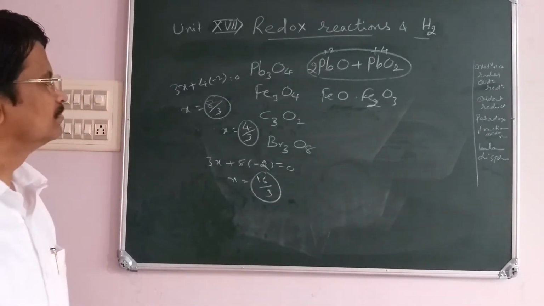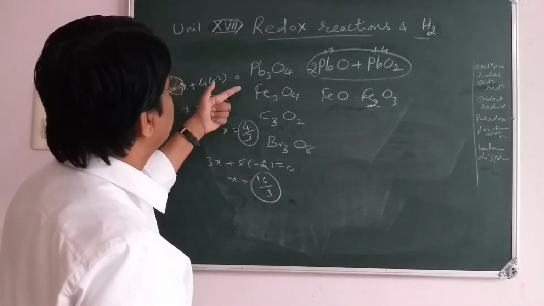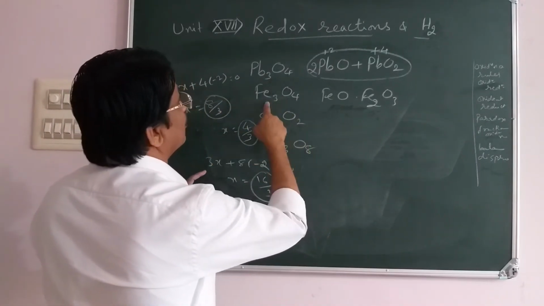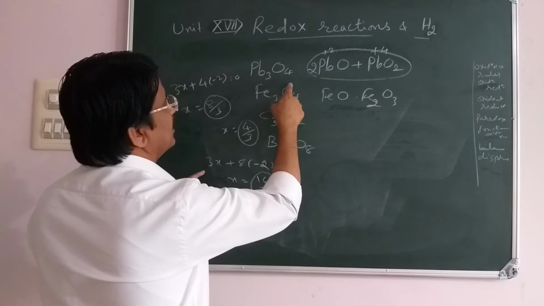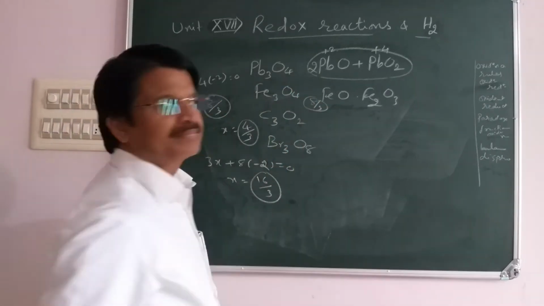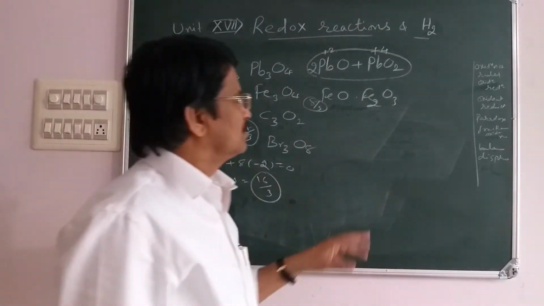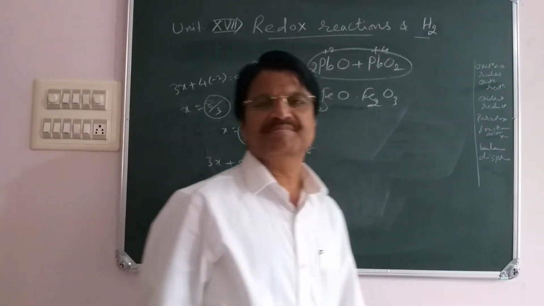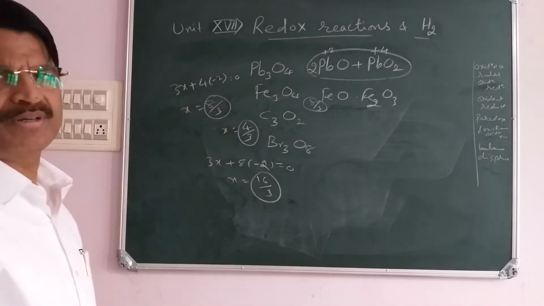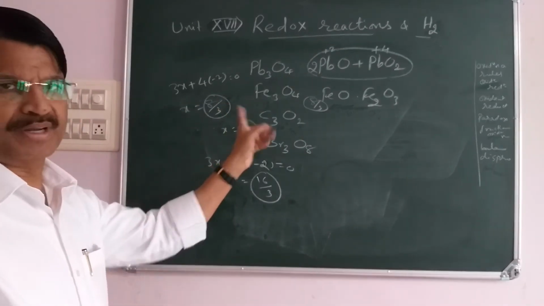And here also the same for Fe3O4, x equals 8 by 3. What are these? These come under paradox. If you get a fractional oxidation number, it comes under paradox.